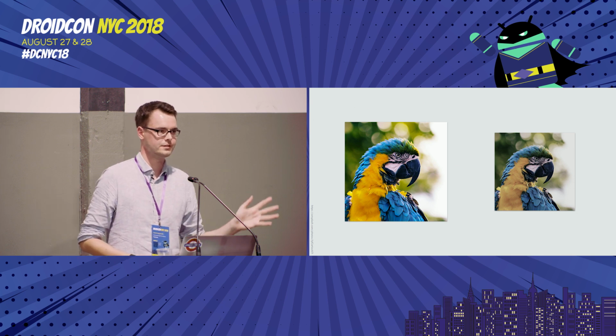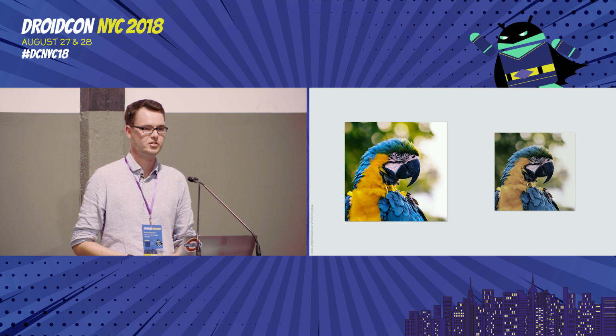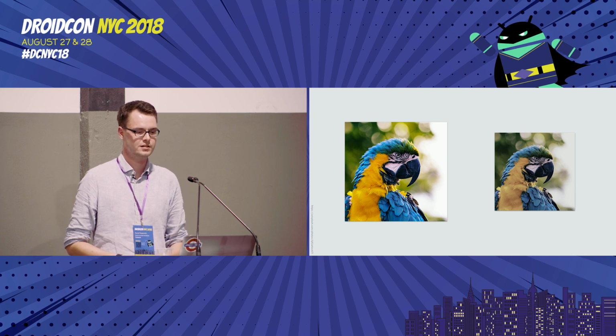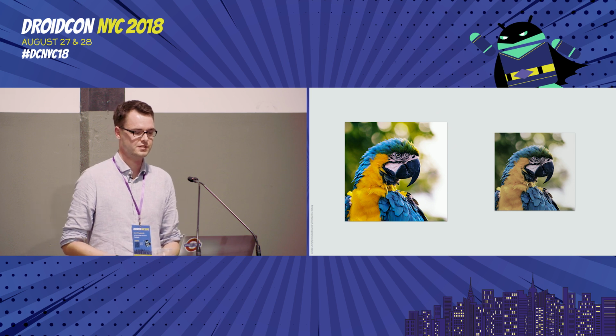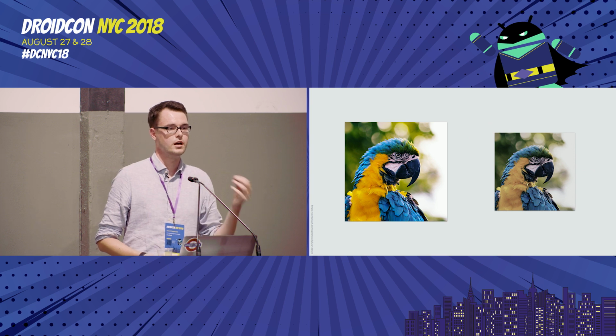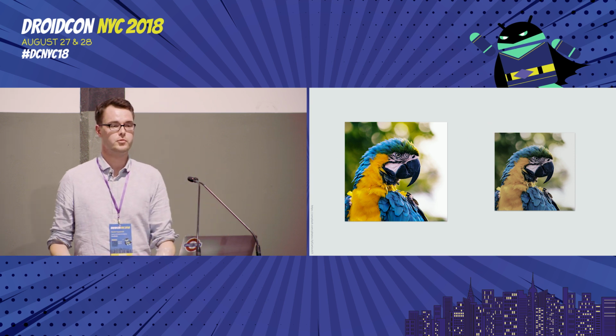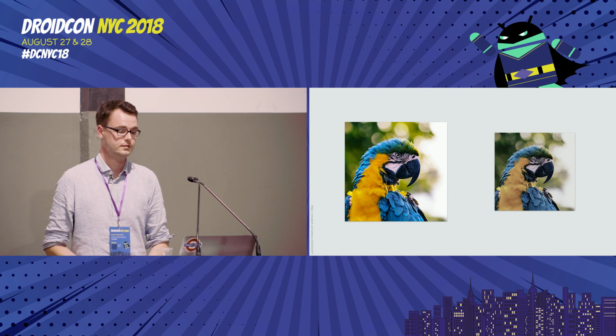And I'm not sure if it shows correctly on the screen, but the second image that we get out looks a bit off. So it's a bit less saturated, a bit darker. So what's happening here? Besides the metadata that I mentioned, your image file also stores a color profile, which explains how to interpret the data it has.